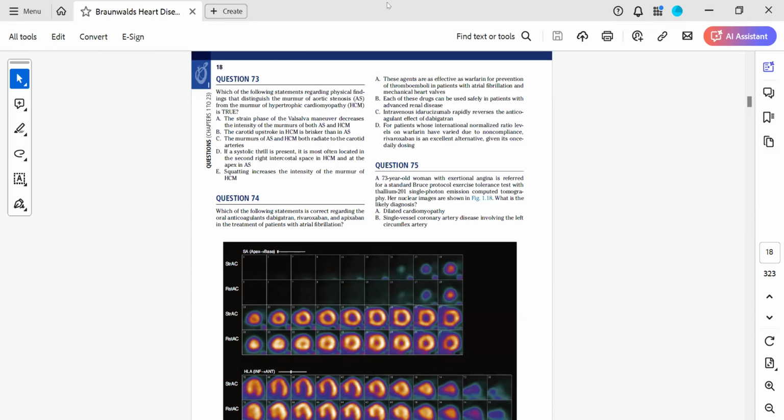Actually, I've never read about where the murmur of HCM radiates to. I always know about the double apical impulse and where to feel the thrill. But where it radiates to, we will have to check that up.